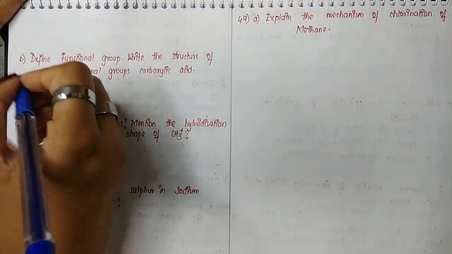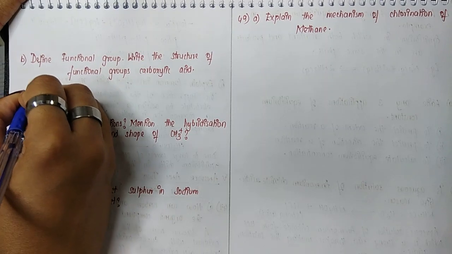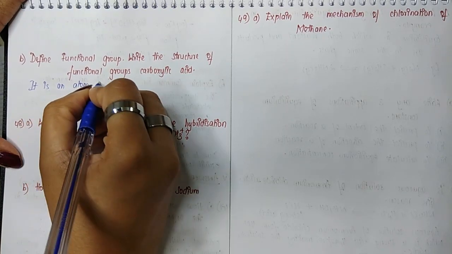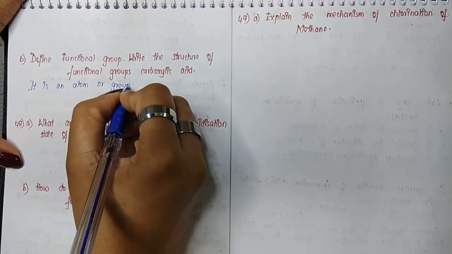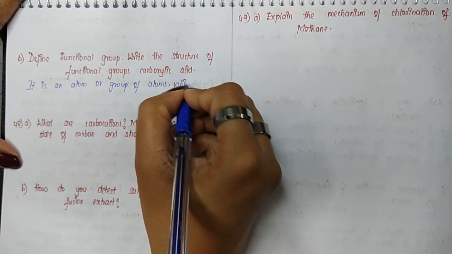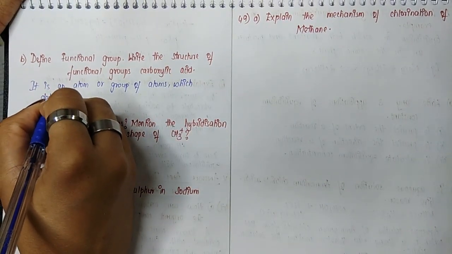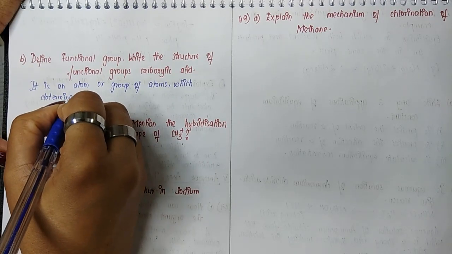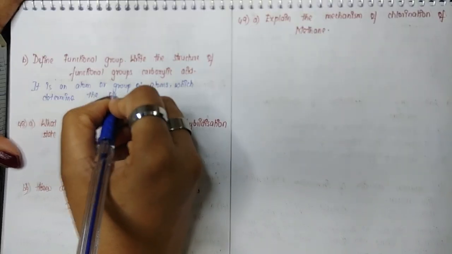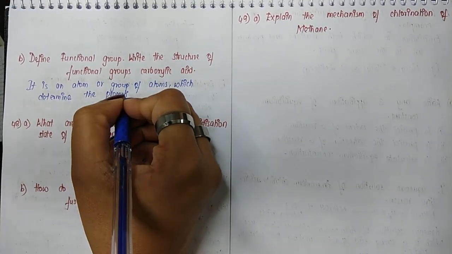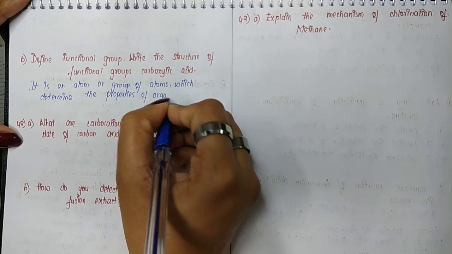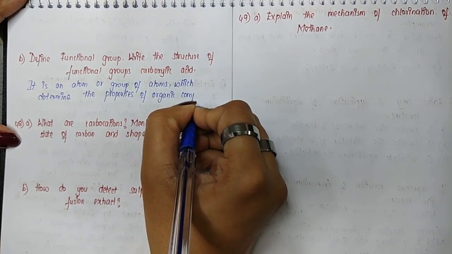It is an atom or group of atoms which determine the properties of organic compound.